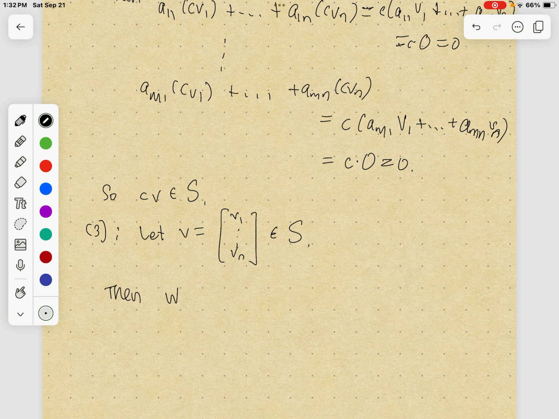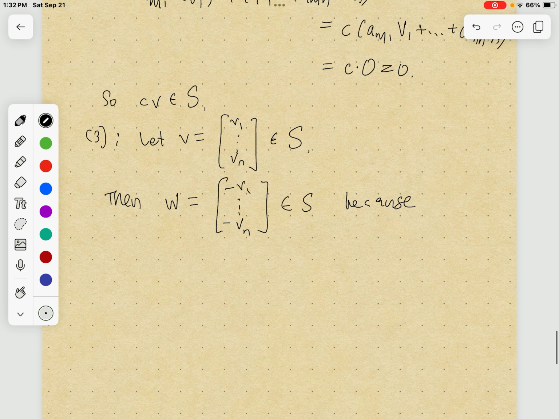Then w, if you define it to be negative v1 to negative vn, is an element of S because, well, we can take c to be negative 1 in condition 2, right?